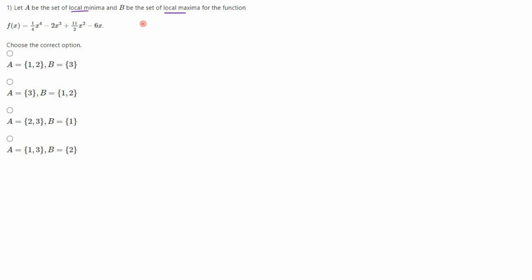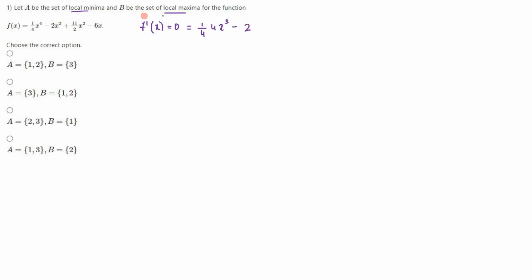So that is f dash of x, which we have to equate to 0, right? To find f dash of x, we differentiate 1 by 4 as it is. The differentiation of x to the power 4 is 4x cube, minus 2 as it is.